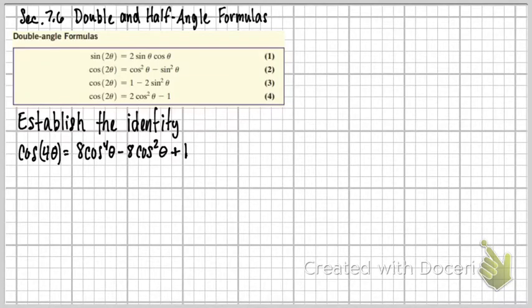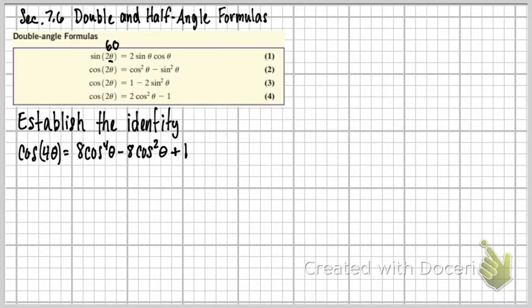So for this one, we're going to actually use the double angle formulas to establish an identity. The reason why double angle formulas aren't useful for the last type of problems we had for finding exact values is, think about this idea here. If I had this angle here, let's say I had 60 degrees.